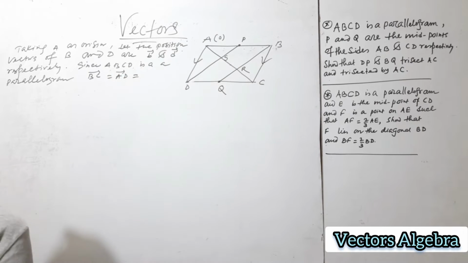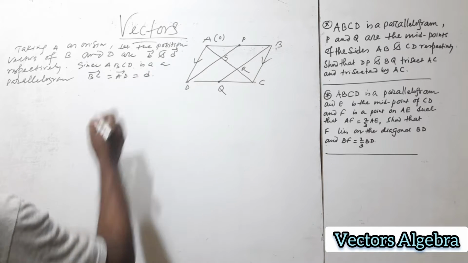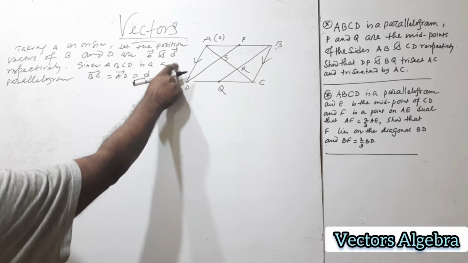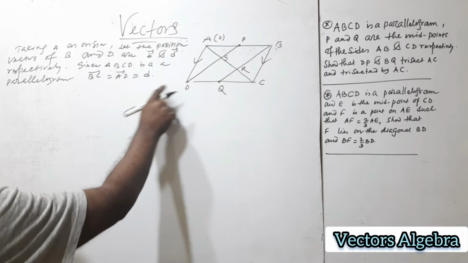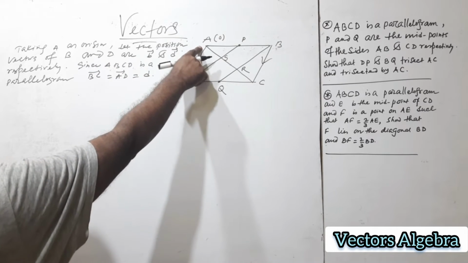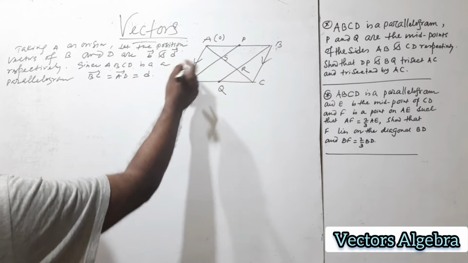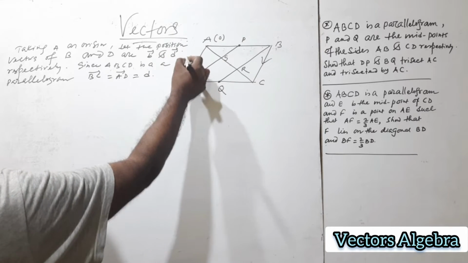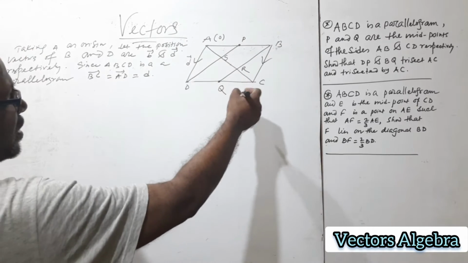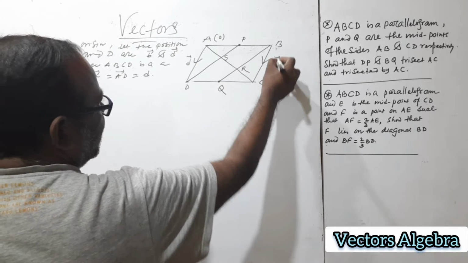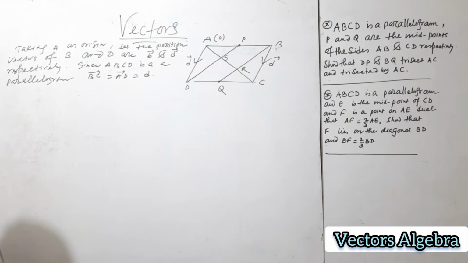So the position vector of D is d with respect to the origin. This is the vector along AD, and BC is the equal vector, same sense and same direction.